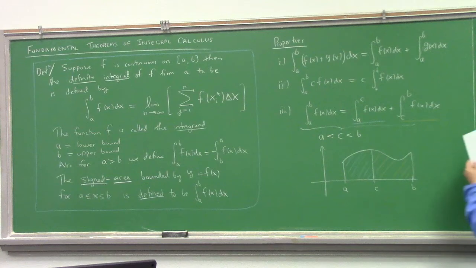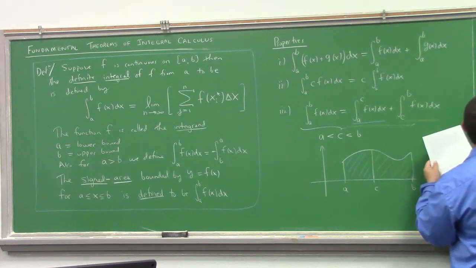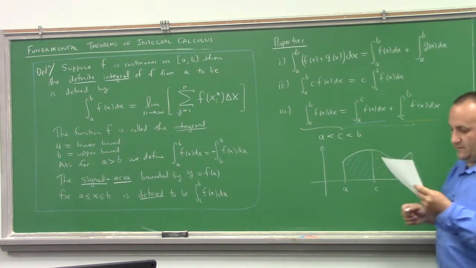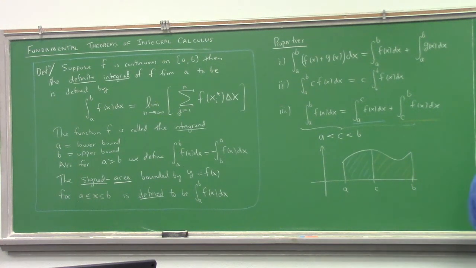Number one, if f of x is greater than or equal to 0 for all x in the interval from a to b, guess what? What can you say about the integral of f of x dx from a to b?